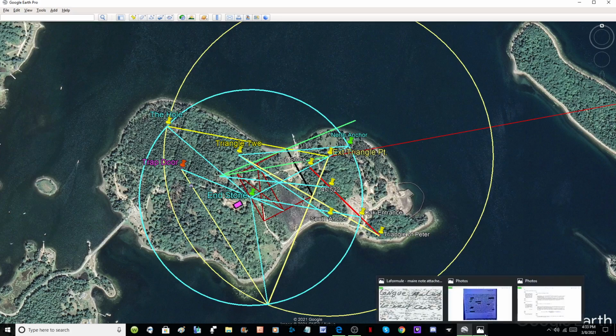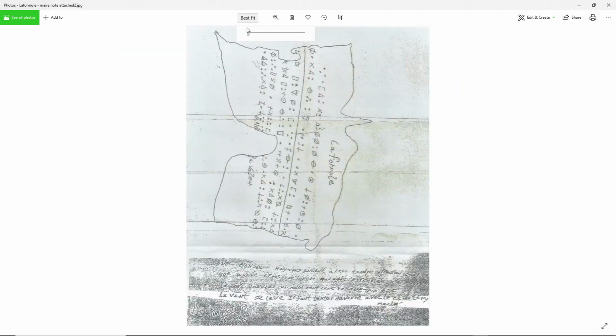Actually, it's not the Rochefoucauld, but it's La Formula. And it's this one right here.